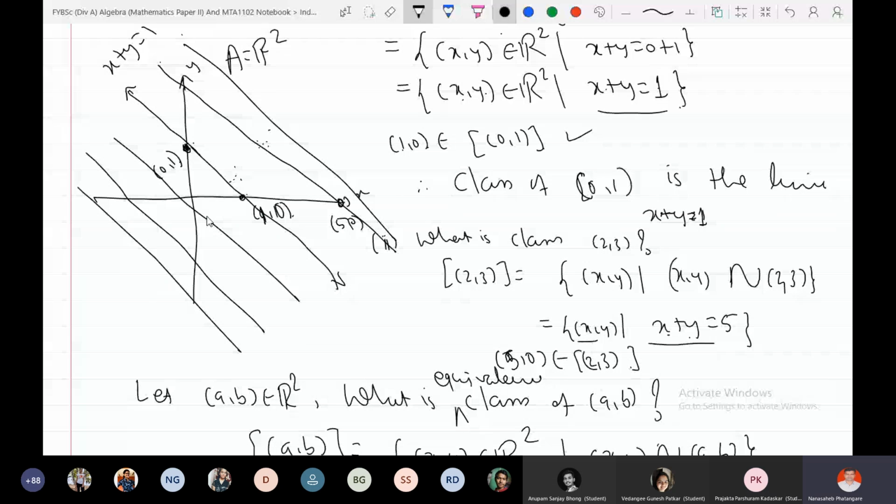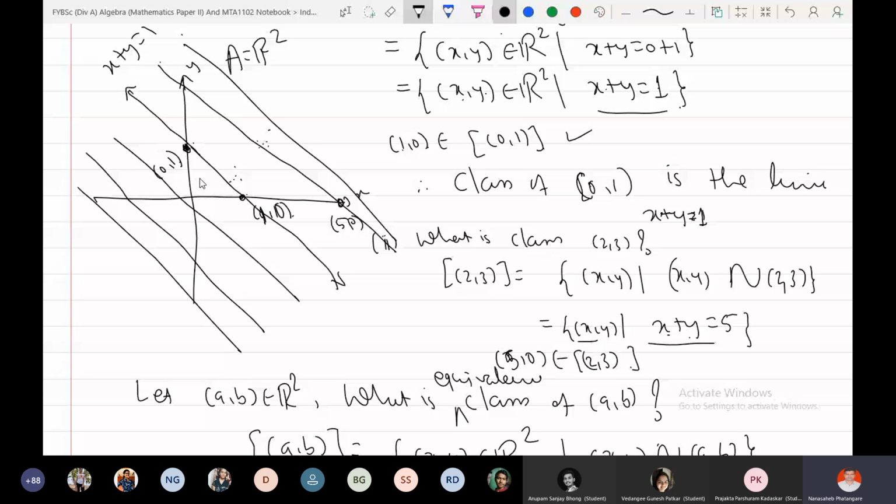If I collect all the lines and arrange them one after another, then what will I get? The plane, right? It is exactly similar to the previous example which we discussed. If we arrange all the classes in the college one after another, I will get all the students from the college.